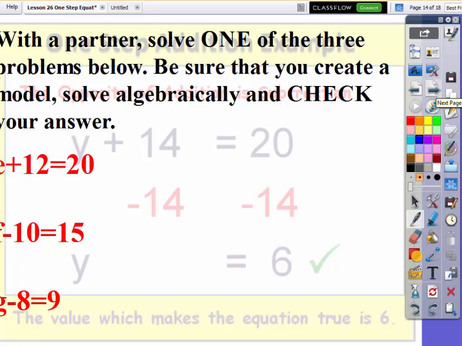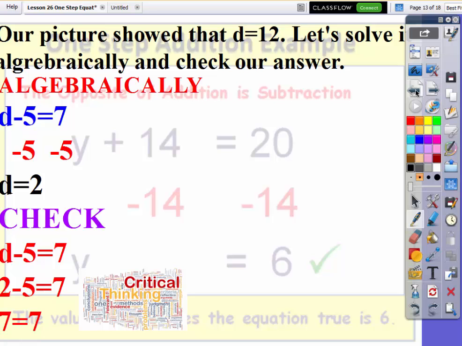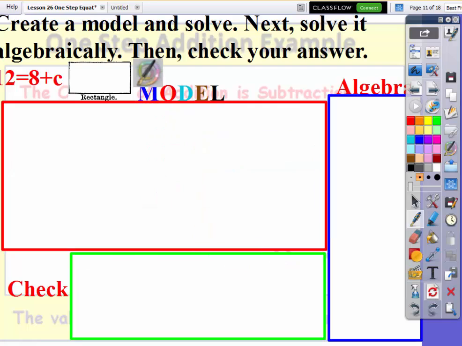So here, if you were in our class, you'd be working with a partner, but what I want you to try is solve this one, or this one, or this one on a piece of paper. I want you to create a model, solve it algebraically, and check your answer. If it's not showing me your checked answer, your work where you checked what your variable equals, you'll be redoing the whole thing. So pick one of these problems and then solve it using that model that we have on the previous ones, like right here, where you have that model, that algebra, and that checked work.